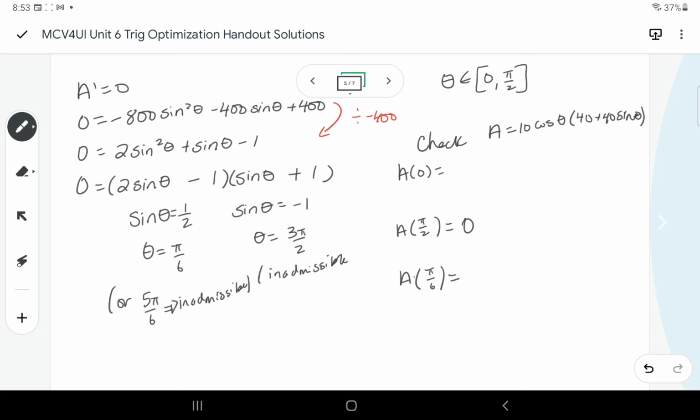If you check area at 0, that would be if you didn't fold it out at all, and you get 400.